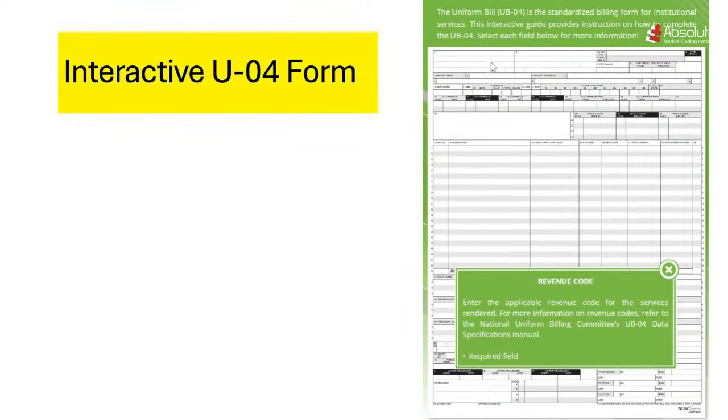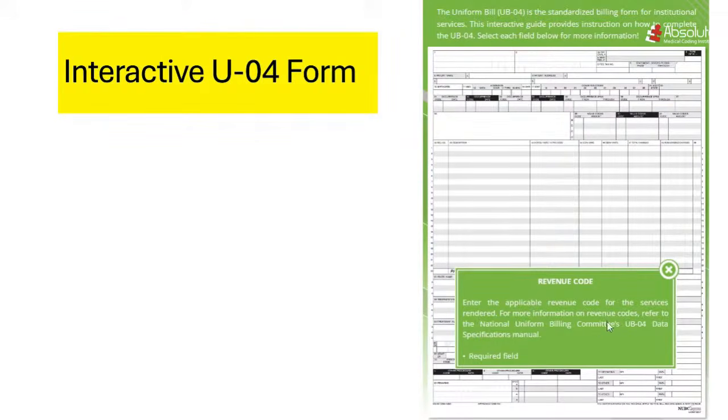Here is the name. The name of the provider goes in number one and the patient goes here. But what really is pertinent to us as medical coders is this field right here, the very first one. This is your revenue code. It tells you, enter the applicable revenue code for the services rendered.